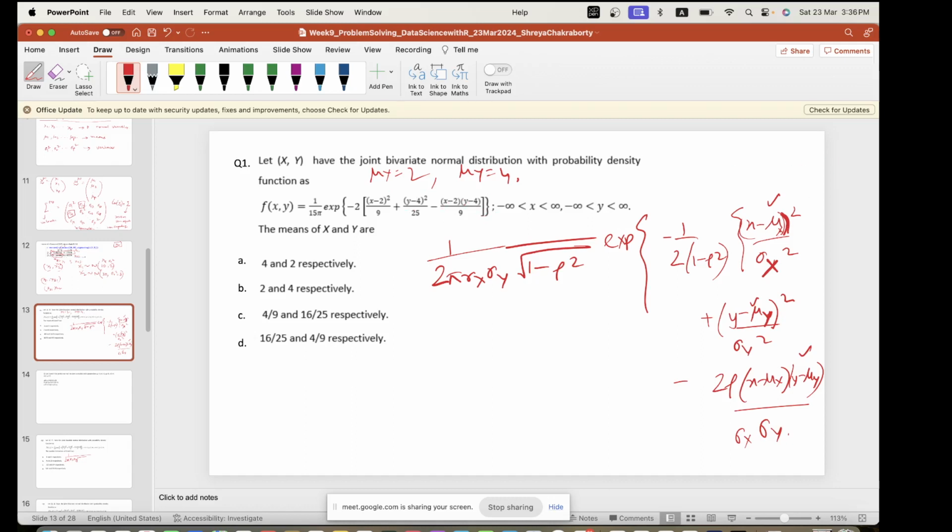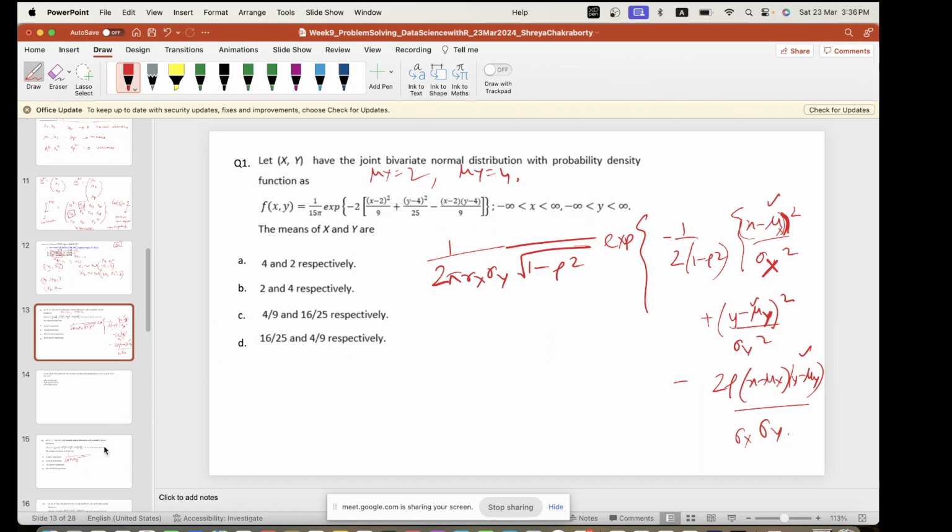But since this is matching with the parameterization, we can directly write mu x equal to 2 and mu y equal to 4. Is it clear now? Clear, ma'am. Okay. Alright, now this was straightforward.